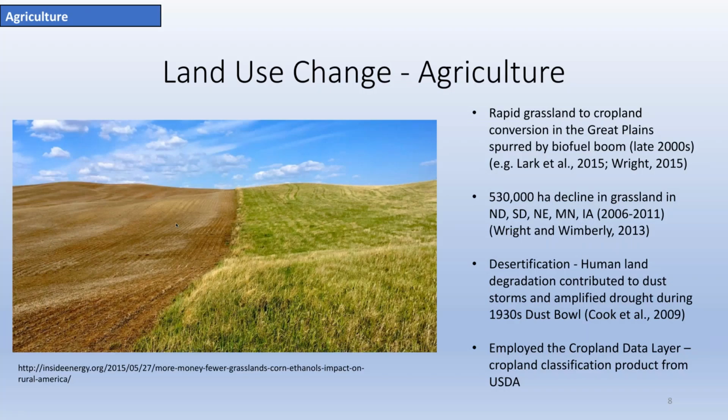So I've included a photo here that I think is nice to picture moderate to strong winds moving over these surfaces. And I think we could assume, out of the grassland on the right or the cropland on the left, which is more likely to produce dust emissions. And this is important because we've seen rapid grassland to cropland conversion in the Great Plains, spurred initially by the biofuel boom in the late 2000s.